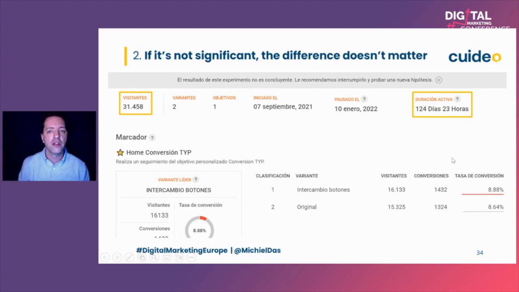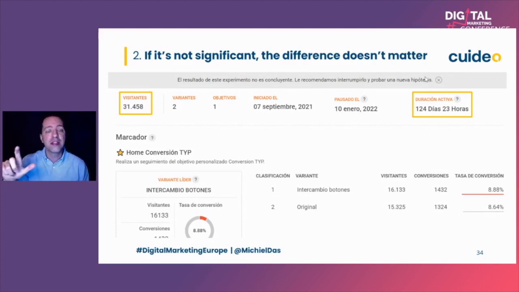This shows why it's important to have those tests up and running. As you can see on screen, there's a gray bar saying this experiment is inconclusive. There's no conclusion here, and this experiment has been going on for 124 days already.